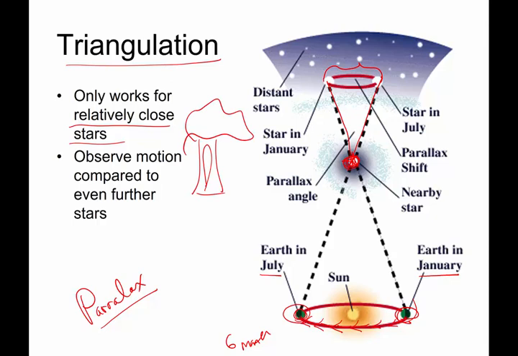By doing some math and some geometry, figuring out this angle and knowing this distance here, astronomers and mathematicians can determine with their data this angle, and if they can determine that, they can then figure out this distance, and with that distance and that distance, they can figure out the whole distance from the star to the Earth.